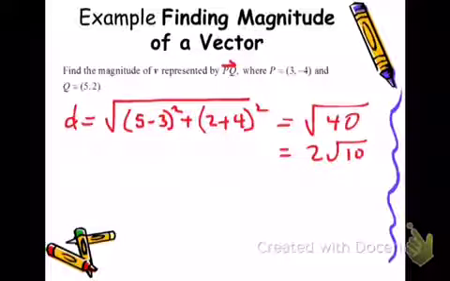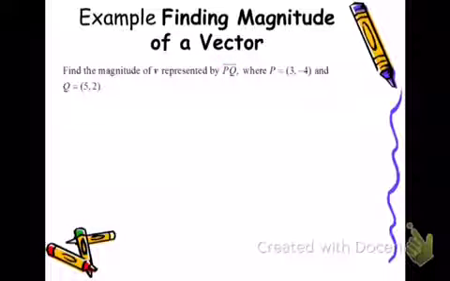How would we translate this to the origin and put it in component form? Some of your problems are just going to ask you to write the component form of the vector. Component form would be the equivalent vector to this that starts, instead of at 3, -4, at 0, 0. So how would we translate 3, -4 to 0, 0?